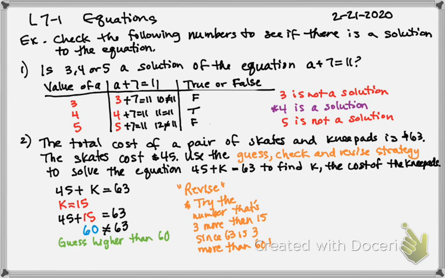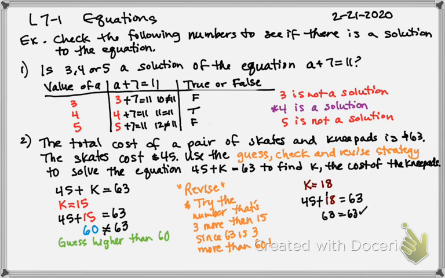So we're going to revise, and we're going to pick k equal to 3 more than 15, which would be 18. So let's test it out. And we get 45 plus 18 equals 63. So when I add up, I get 13, and then we get 2 and 4 is 6.